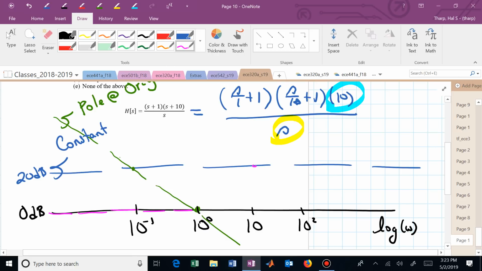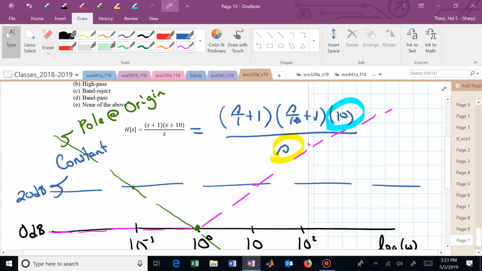And then it starts going up at 20 dB per decade after that break. And I only have one more factor to consider, so I've now just drawn that one.